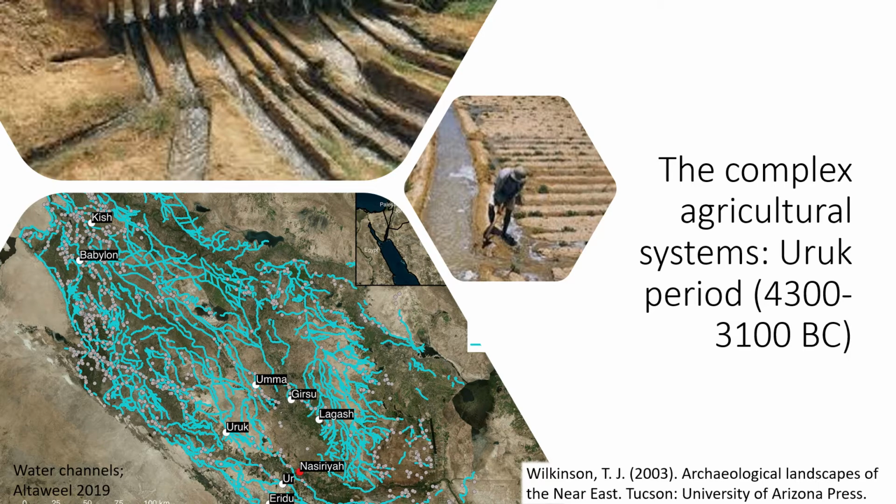The example in the lower left shows a map of southern Iraq with channels constructed in the Euphrates floodplains, along with major ancient cities. Please also note the dense pattern of smaller settlements along the channels, which are known from archaeological surveys in the region.